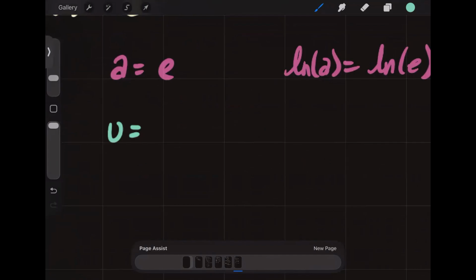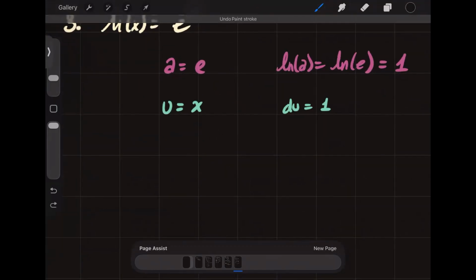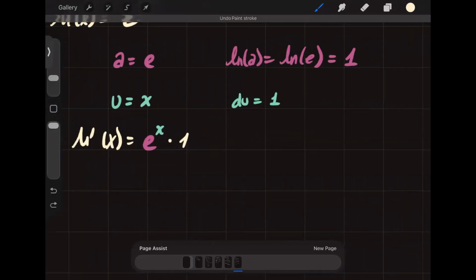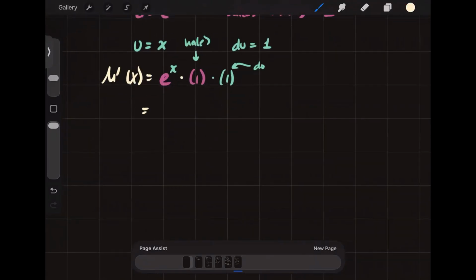You have u is equal to x, du is equal to 1. And then that means you have h prime of x is equal to a to the u times 1 because ln of e is 1, times 1, ln e du, which interestingly enough gives you e to the x, right?